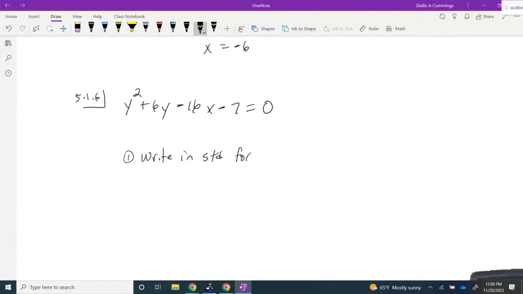First thing I'm going to do is write in standard form. So this is why you have to complete the square. In college algebra, when you completed the square, it was not exactly pointless, but there was no end goal in that.